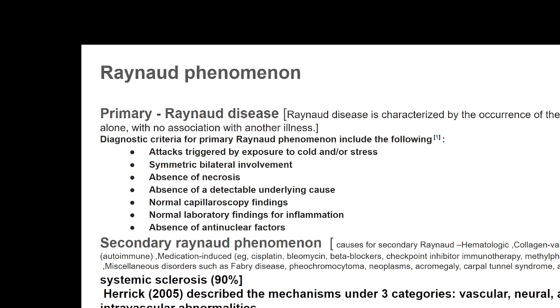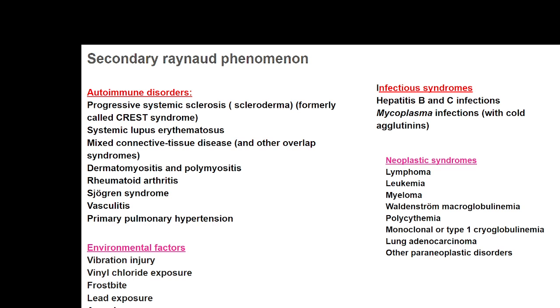Vascular is where there is an abnormality related to the blood vessels, where the vessel becomes inflamed, as in the case of systemic sclerosis. Neural is where the nerves are abnormal, there is abnormality of the nervous system and hence there is a spasm. Or intravascular, where it could be related to hematological conditions.